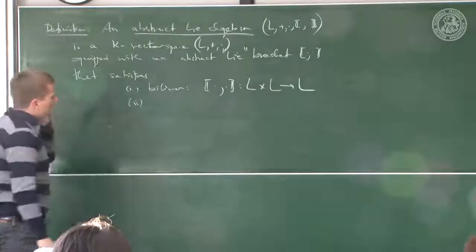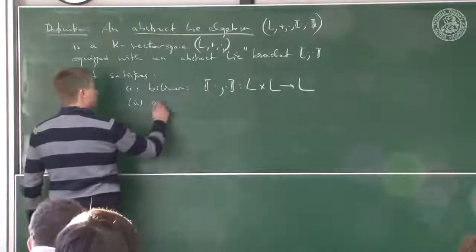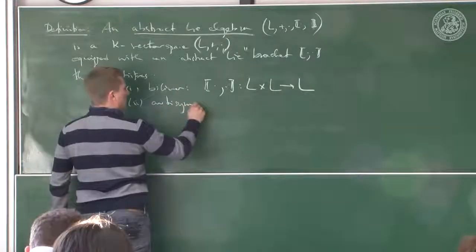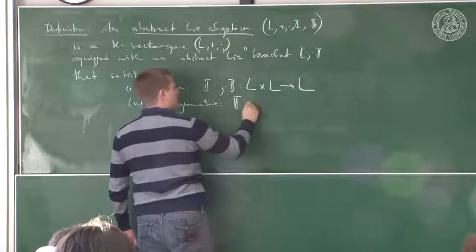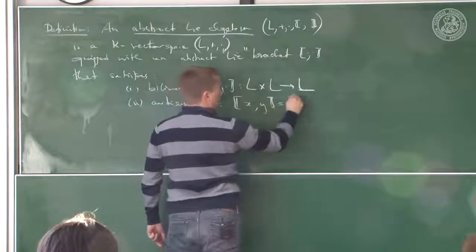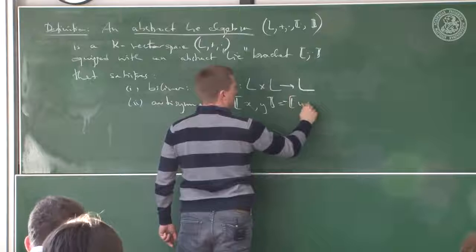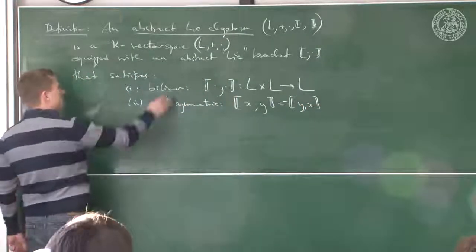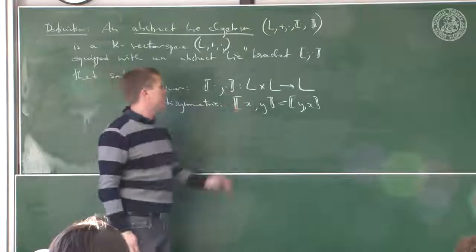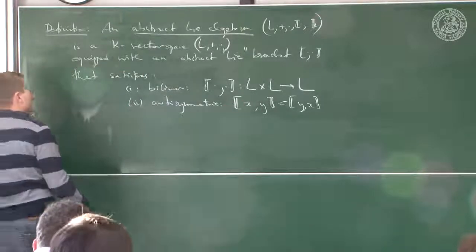And second, it's anti-symmetric. Anti-symmetric, that means that it takes an x and a y, and that's the same as minus y comma x, so it picks up a minus sign. Because of bilinearity, it would suffice to require that x with x is 0, but well.